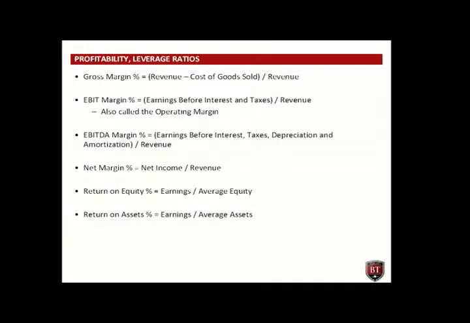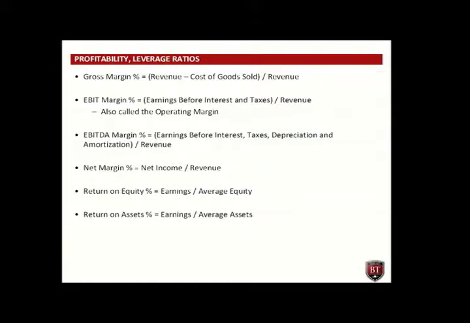Now, the ratios on this page are relatively simple. There's the gross margin, which is your gross profit divided by the revenue. There's the EBIT margin, which is your EBIT divided by revenue, and this is also called the operating margin. There's EBITDA, which is a proxy for cash flow, divided by revenue.